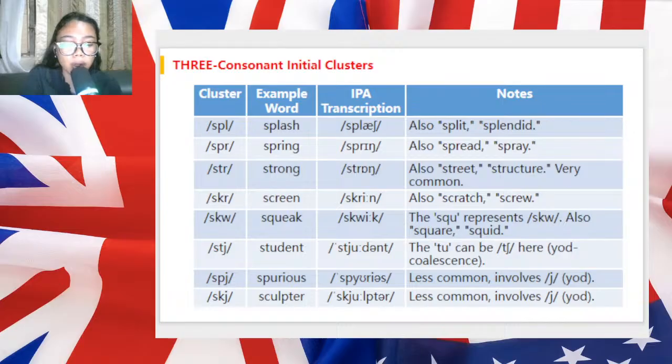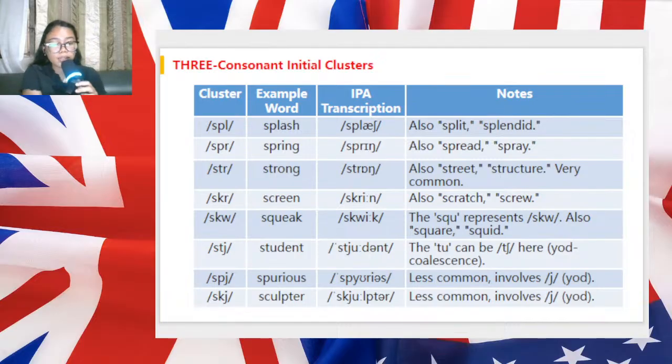So you are transitioning from the S to the back of the throat, K, and then immediately rounding your lips for the W. This is very consistent in English words spelled with SQU. Other words include square and squid. Try square, squeak, squid, making sure that the final W is clearly pronounced.